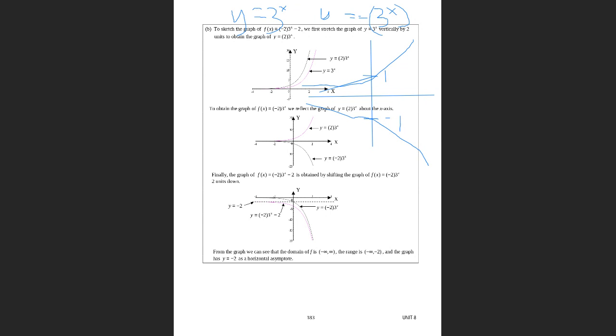So in the same way, when you multiply the exponent by a number greater than 1, the graph is going to expand a little bit. Then if you multiply by a number between 0 and 1, it's going to be shrinking.